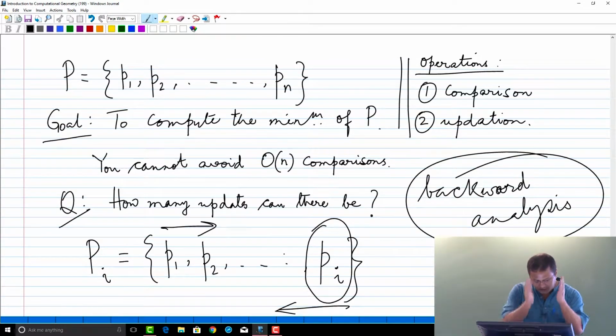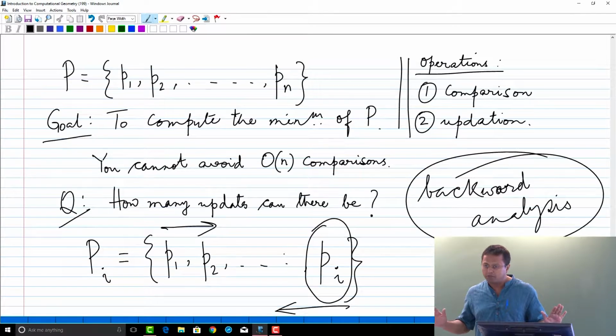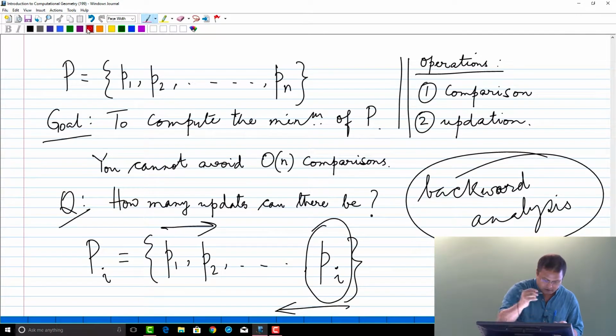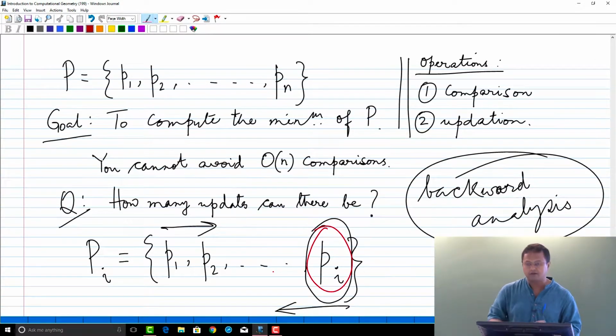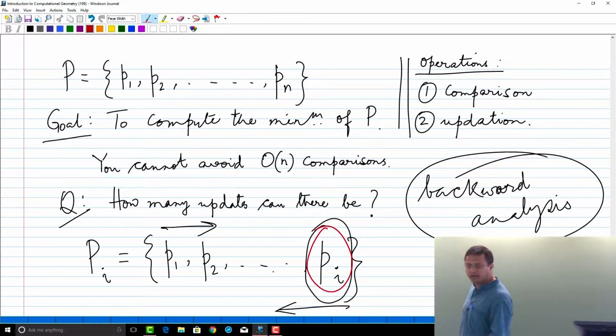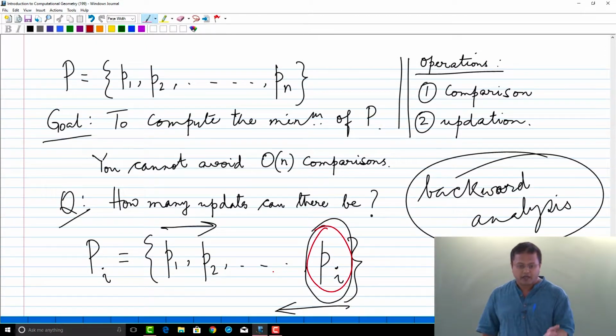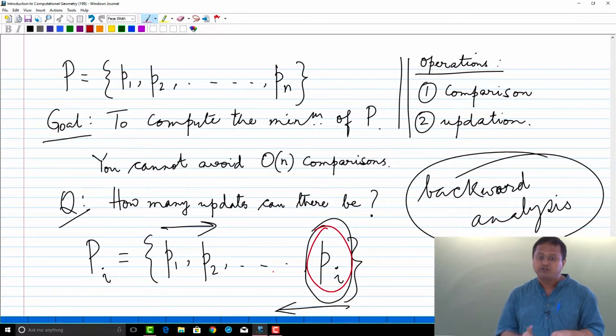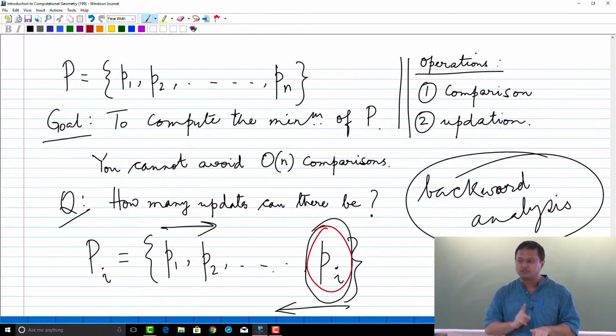So, for this set capital P_i, I have got a minimum, right. Now, I just lift this point P_i and try to check if there has been an updation at this instance. There would have been an updation if and only if P_i was the minimum among all the points.